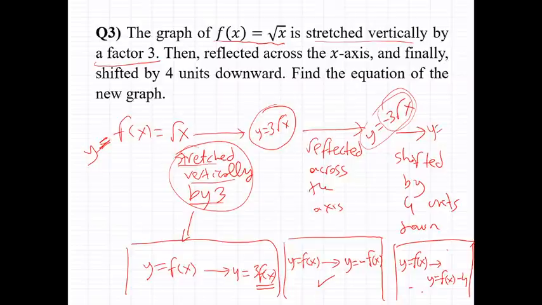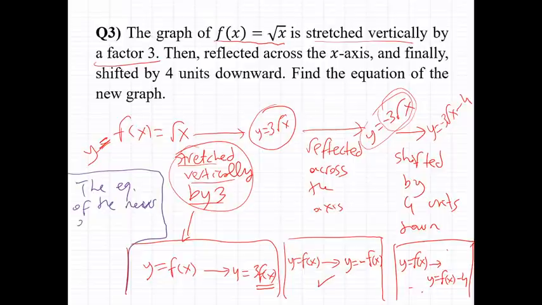So it has to be y equal to negative 3 square root of x minus 4. So the equation of the new graph is y equal to negative 3 square root of x minus 4.